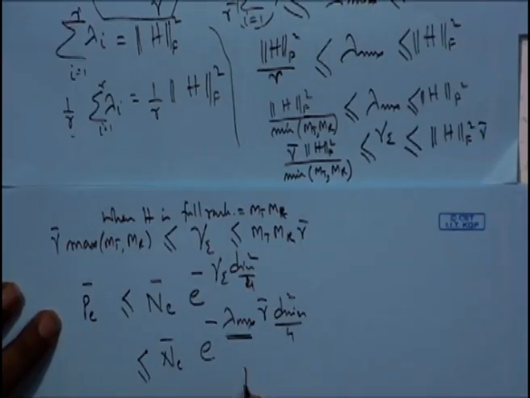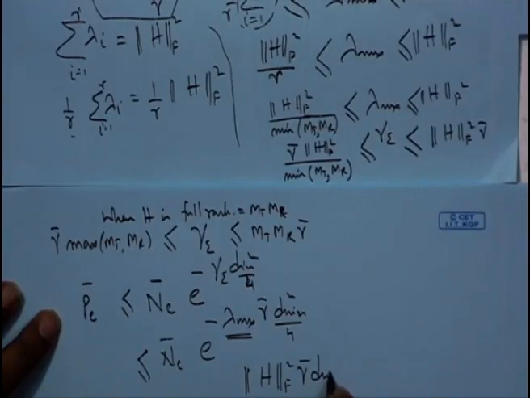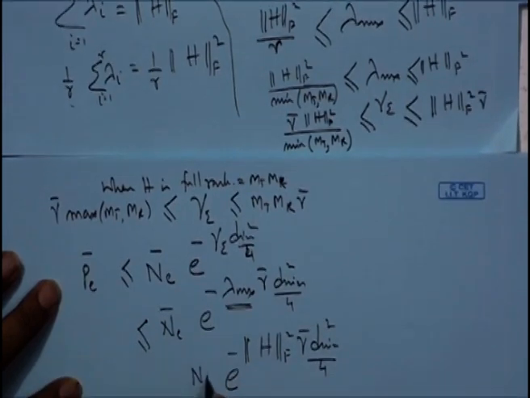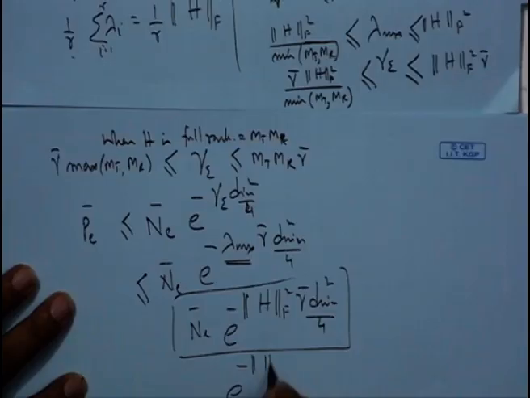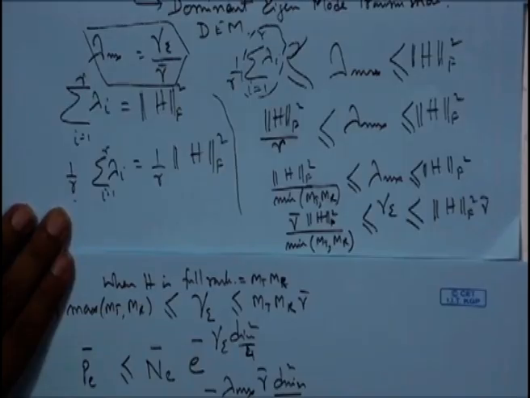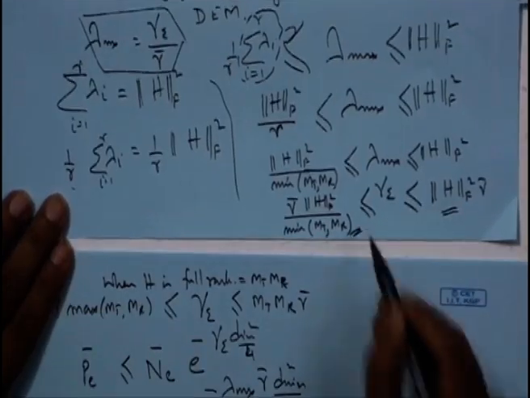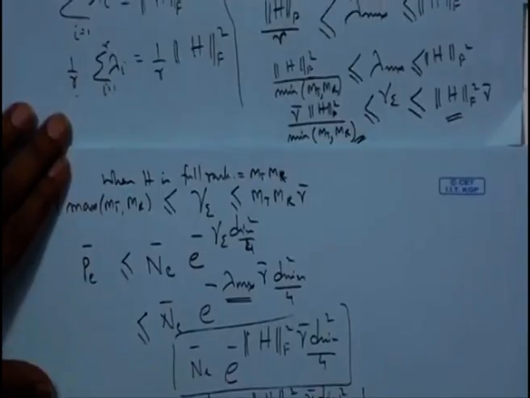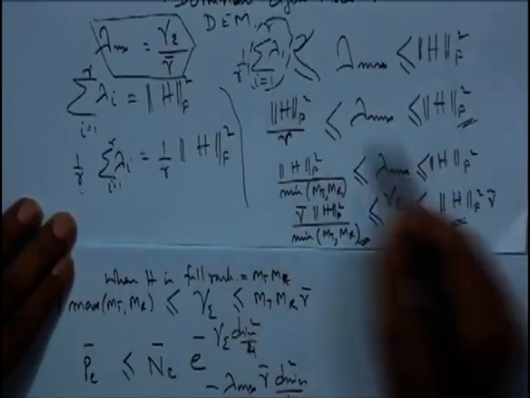One of the values is ||H||_F squared gamma bar d_min squared by 4, e to the power of minus N_e bar. So this is one limit. The other limit is e to the power of minus ||H||_F squared into gamma bar into d_min squared by 4r. This is the second limit, which we have seen over here. The two limits: this is one of the limits, this is the other limit. This is the range of lambda max.